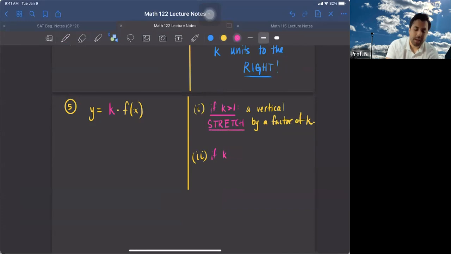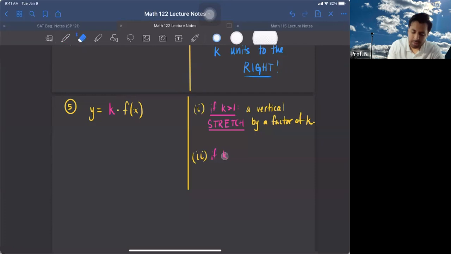So if this number is a 3, a million, a 50, 100, if you multiply a parent function by 100, you're going to scale it by 100. You're going to stretch it by a factor of 100.